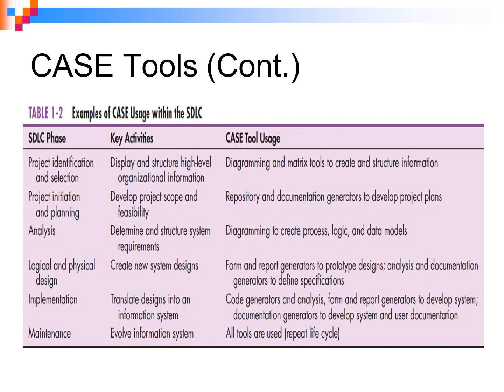And then for the last one, which is the maintenance, so evolve information system. And then for the CASE tools, so all tools are used, repeat life cycles. So that is the usage of CASE tool within the SDLC.